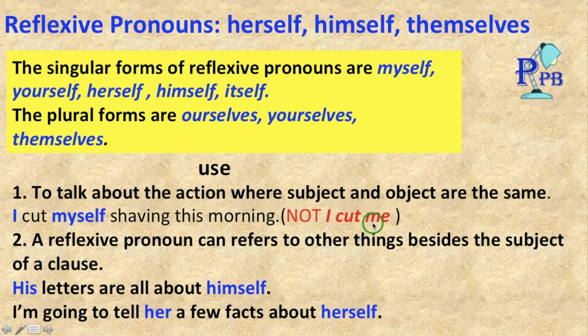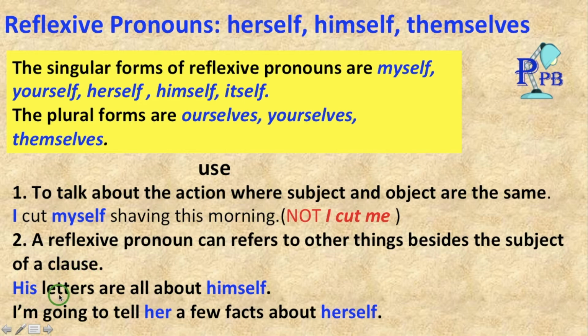Instead, we have to use I cut myself, because here again we see that the subject and the object refer to the same person. And a reflexive pronoun can refer to another thing besides the subject of a clause.